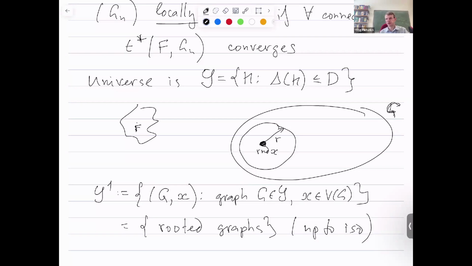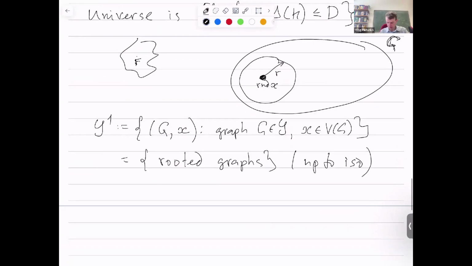So I have two graphs. I can relabel vertices any way I want, except the root has to be preserved. So, for example, on one vertex there is only one graph. On two vertices, and also let me say right away they are connected, because I'll be seeing only connected graphs.